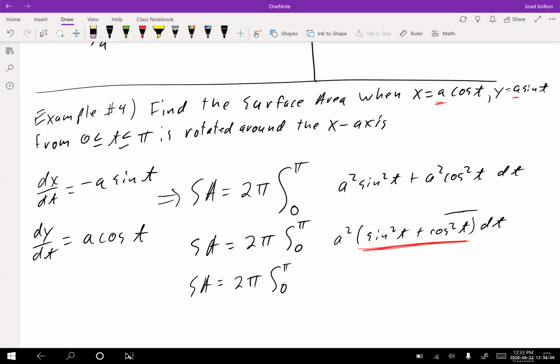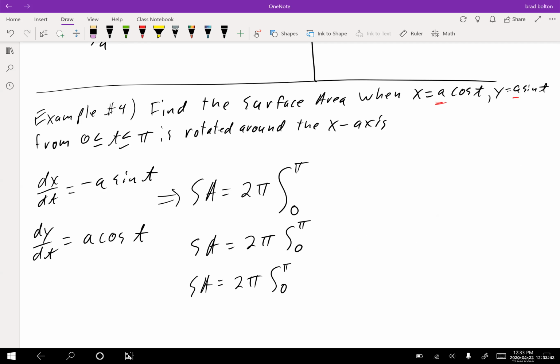I messed it up, so I might as well pay the price. So let me write this again: a sine t times the square root of a squared sine squared t plus a squared cosine squared t. That's the price I pay for not writing the formula out correctly.